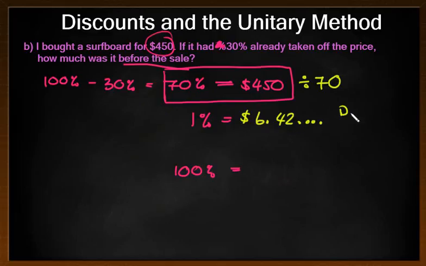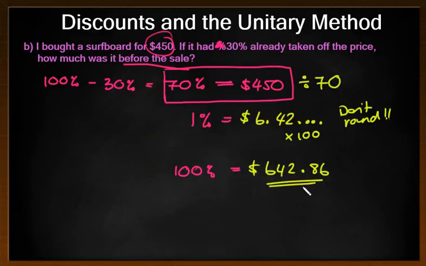Remember, don't round early. Now what we can do to get 100%, we times it by 100 and we come up with a final answer of $642.86. Now, because that's my final answer, we can round. So we only round at the very end of the question.